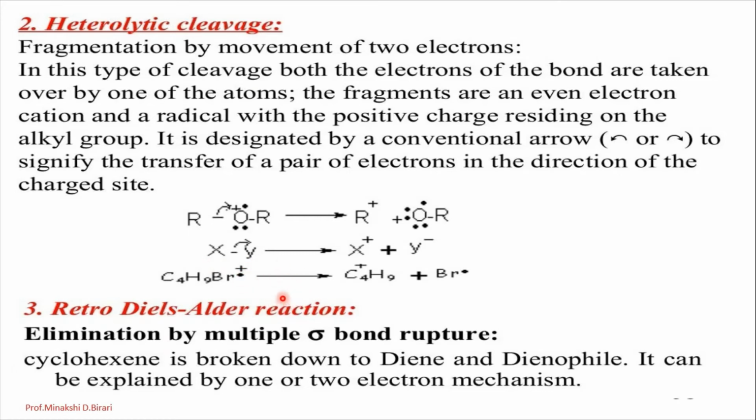So we get the formation of one fragment as a Br radical and the other as the C4H9+ cation, the butyl cation. So that is the heterolytic cleavage.